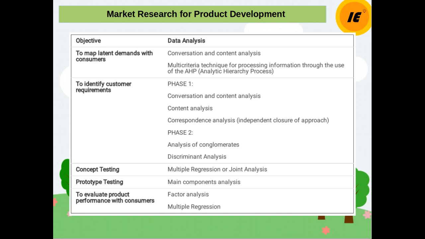In the concept testing case, we can use multiple regression or conjoint analysis. In case of prototype testing, it can be principal component analysis. And finally, to evaluate product performance with consumers, it can be factor analysis, multiple regression, etc. So that's all about the techniques to use in the data analysis.